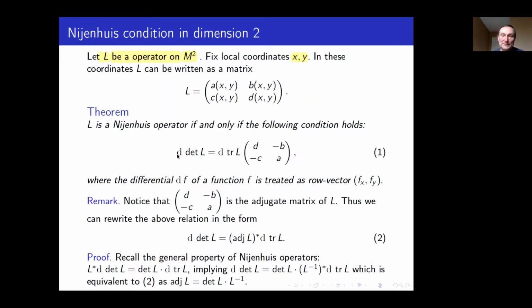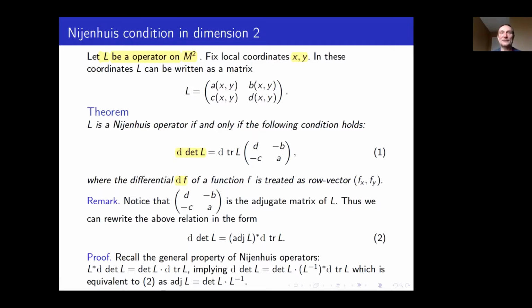On the left-hand side is the differential of the determinant of L. I will think of a differential of a function as a row vector, which consists, in our case, of 2 components: partial derivative with respect to x and partial derivative with respect to y. So the differential of the determinant is a row vector with 2 components.